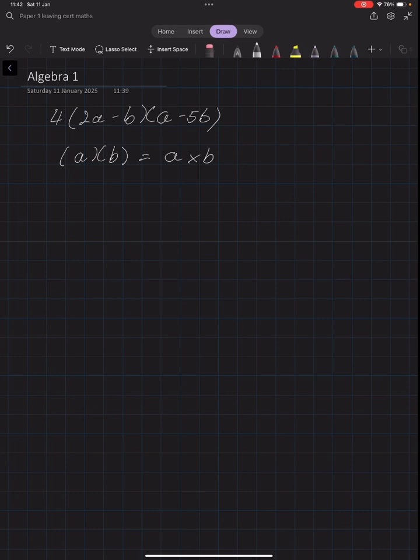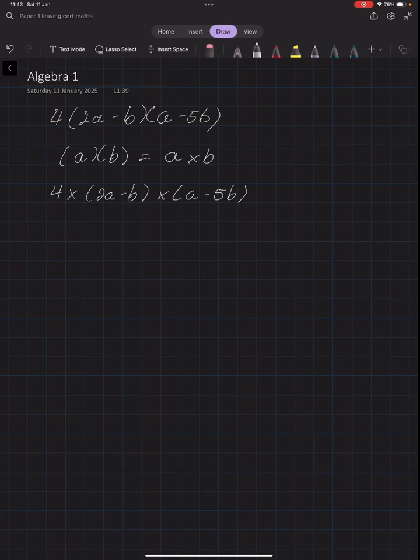So here what we're actually saying is 4 multiplied by 2a minus b multiplied by a minus 5b. That's what the statement above says.